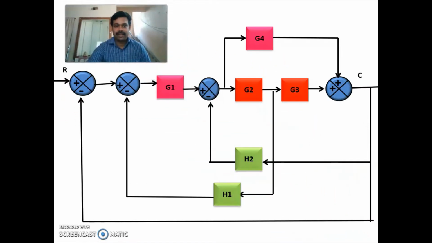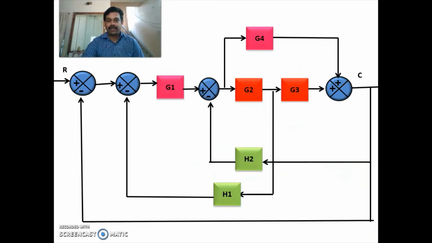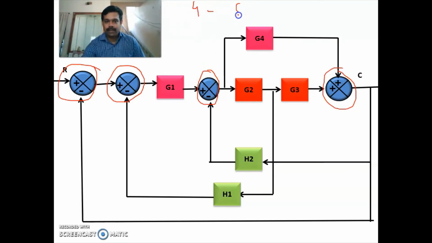In this question, we are having 4 summing points: 1, 2, 3, 4.